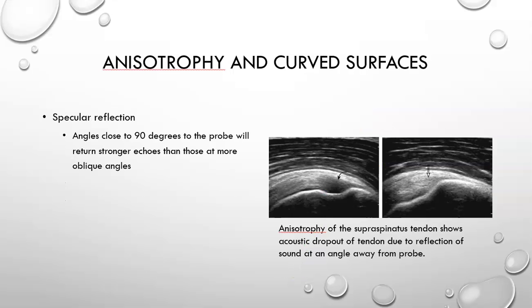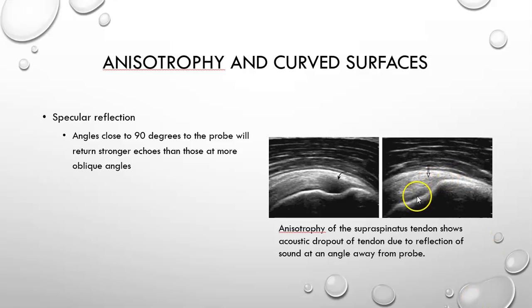There's another type of artifact that we see particularly in MSK imaging, and this is anisotropy on curved surfaces. Tendons and ligaments are very strongly reflective specular reflectors that have very fine fibular striations within them, and if you're not at 90 degrees to them, then the sound gets reflected off into another direction.